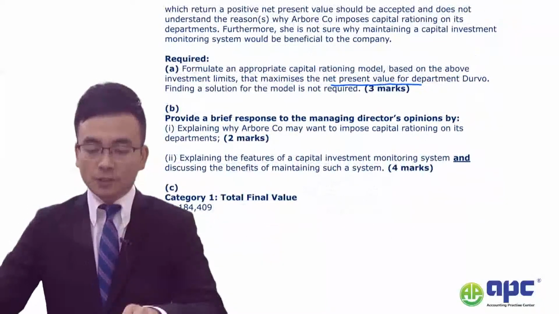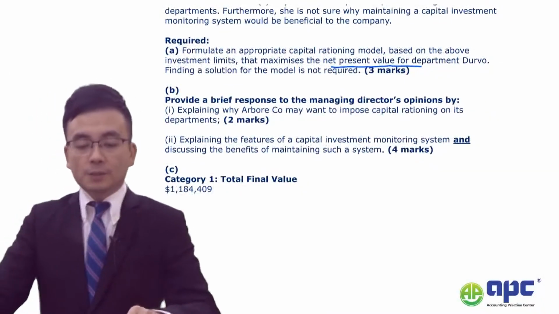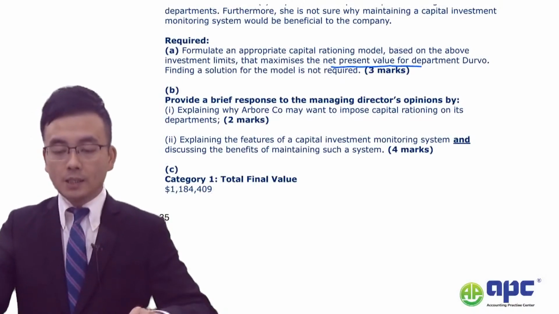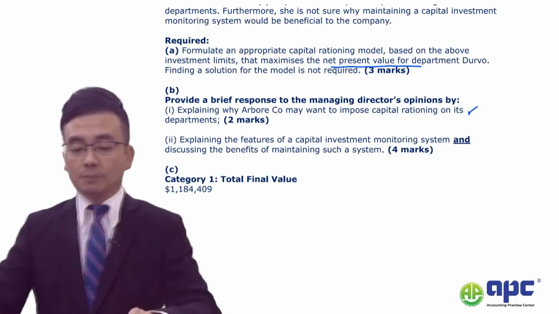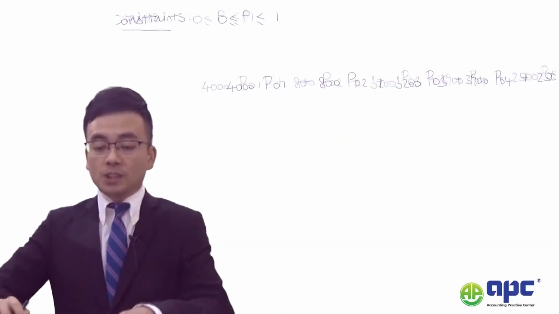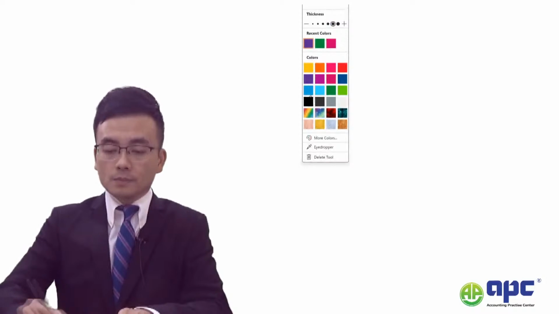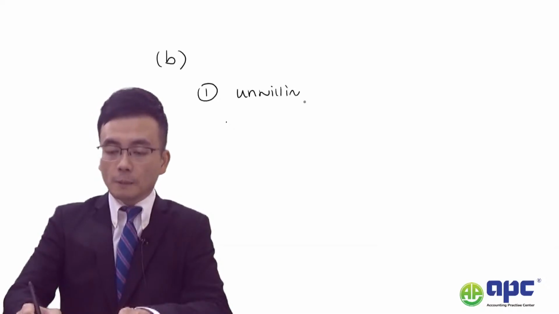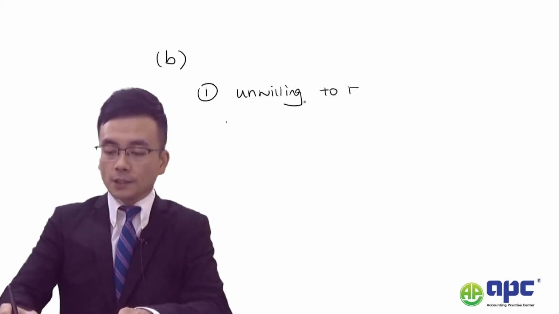But let's move on to part 2. Provide a brief response to the Managing Director's opinion by explaining why we'll want to impose capital rationing. Well, there are 2 reasons behind it. One is that you're unwilling to raise finance.